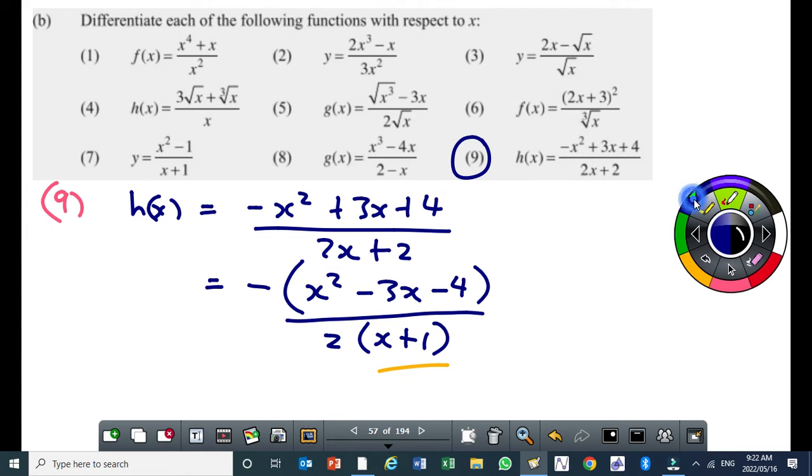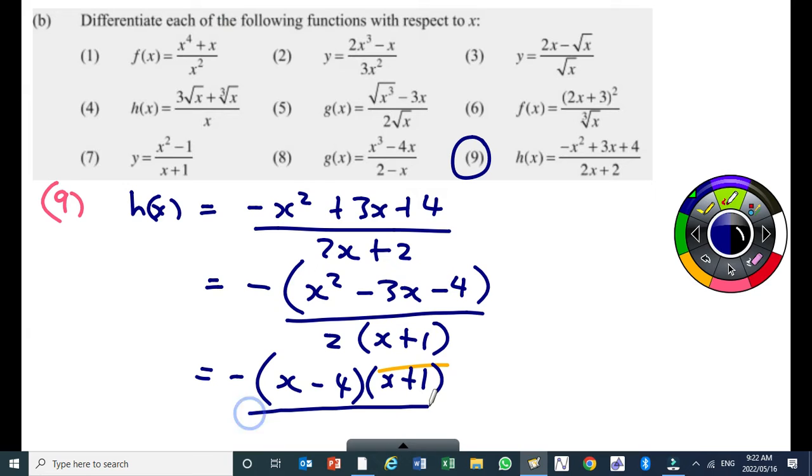Okay? So if I factorize the numerator, I'll get minus x minus 4 times x plus 1. Okay? This is all over 2 times x plus 1. Okay? Then those two obviously are going to cancel out. This cancels with that.